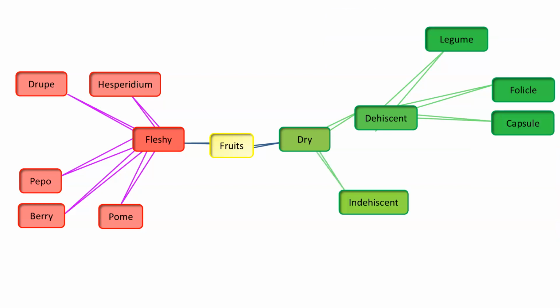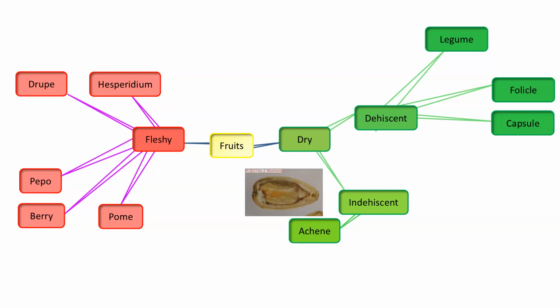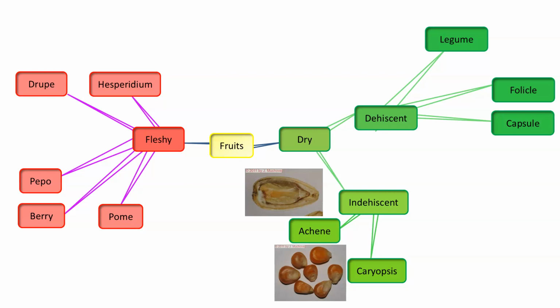We have indehiscent fruits. Indehiscent fruits means they don't split open when they mature. And indehiscent fruits include things like achenes. This is a sunflower seed. An achene is a single-seeded fruit where the fruit attaches at a single point. Caryopsis is a single-seeded fruit where the ovary wall is fused to the seed itself.